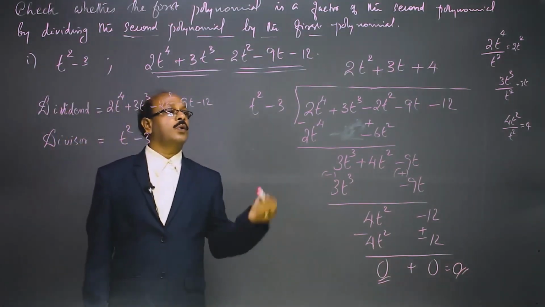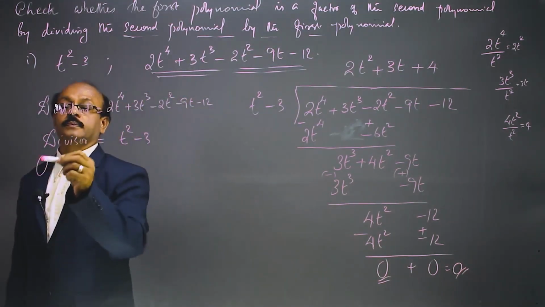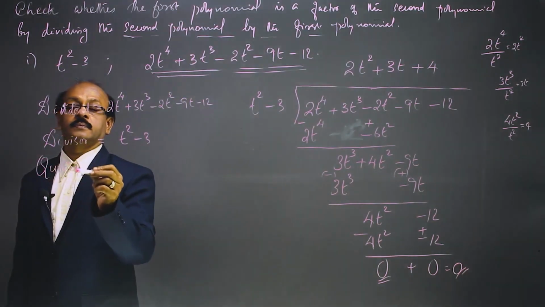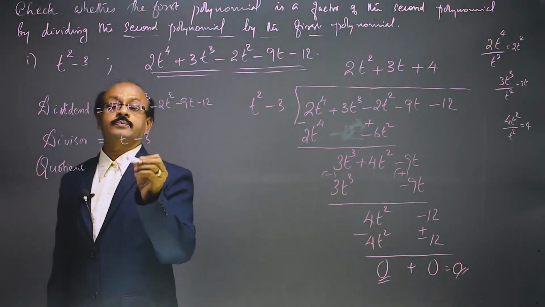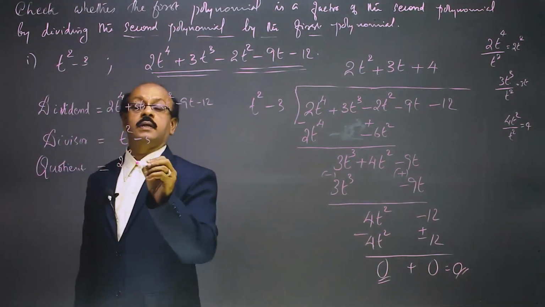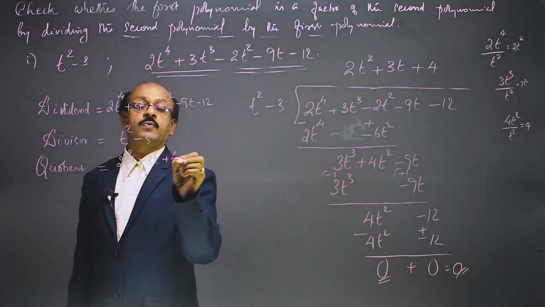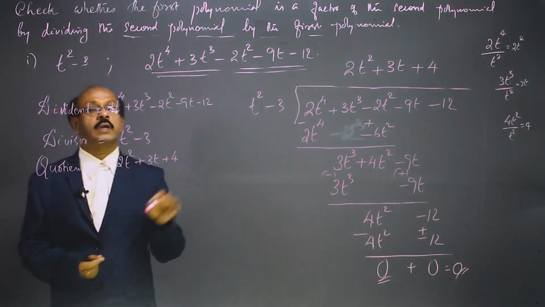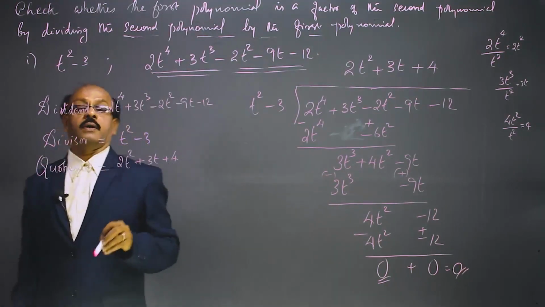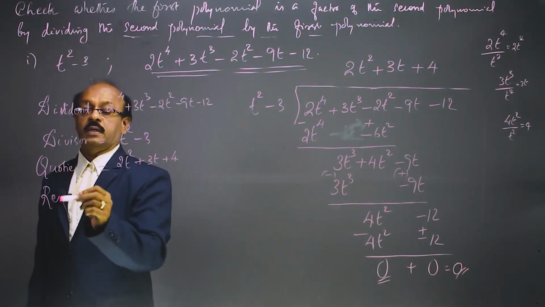We are obtaining the quotient as 2t square plus 3t plus 4, and the remainder, that is very, very important here. The value of the remainder is the most important thing here.